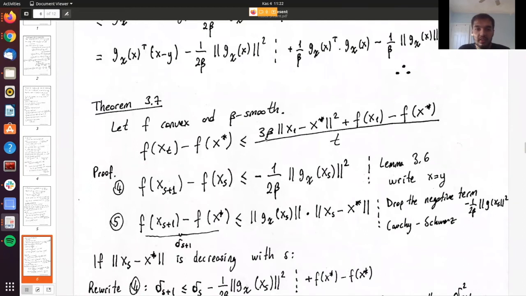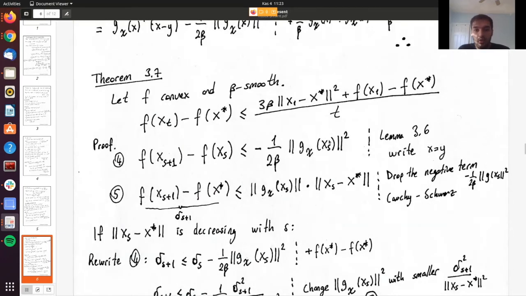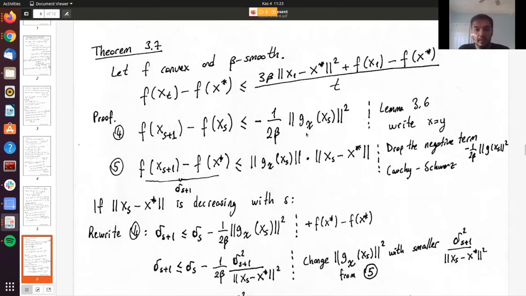So here's the bound. This is the bound for the functions. We assume they are beta smooth, and we are optimizing in a convex set, so we are bounded by the convex set. So here is the proof in detail.